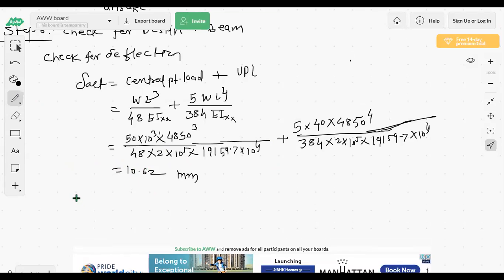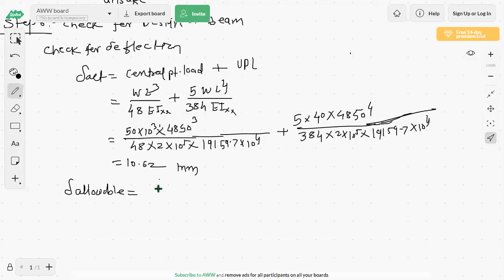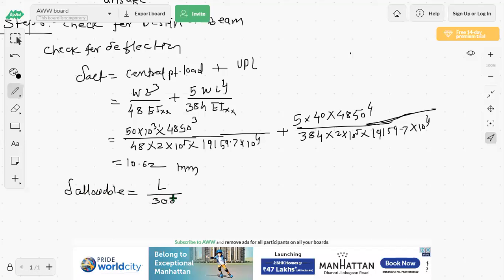Now we have to calculate the allowable delta. So delta allowable is L divided by 300.